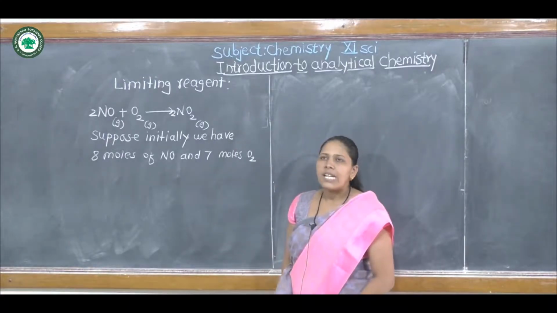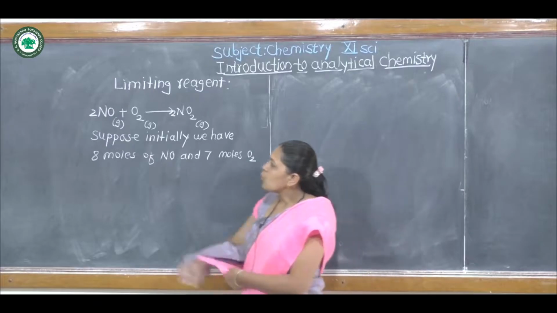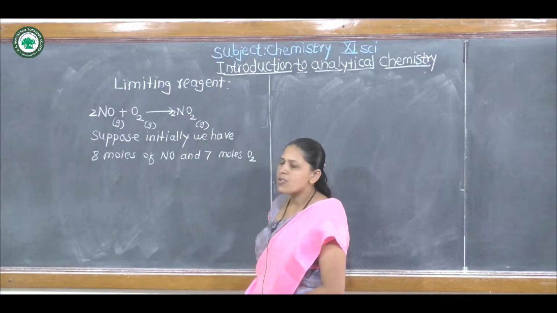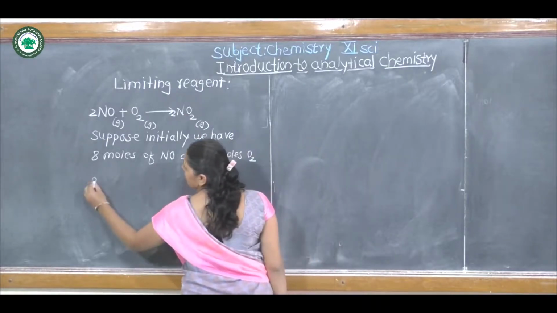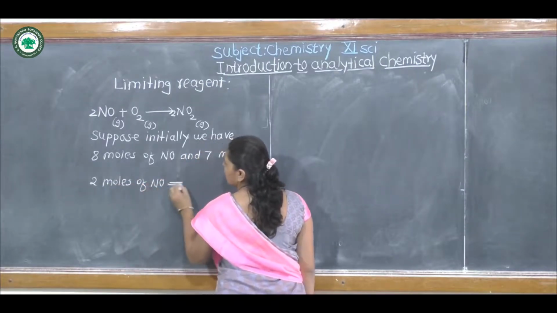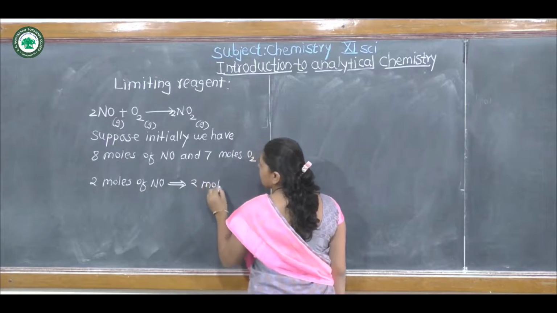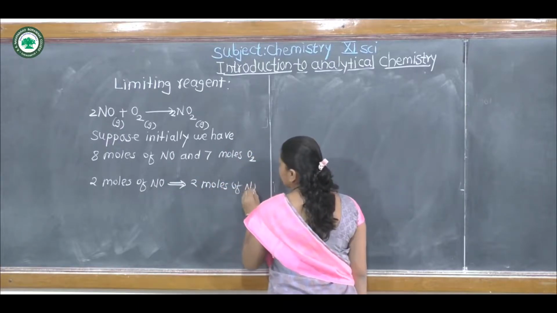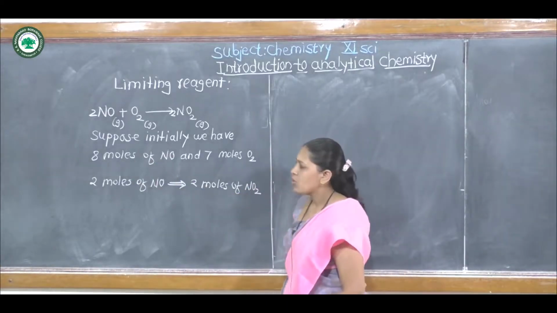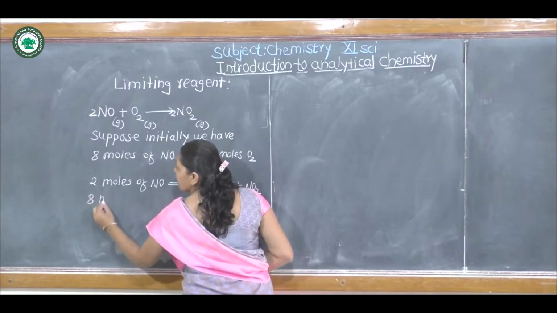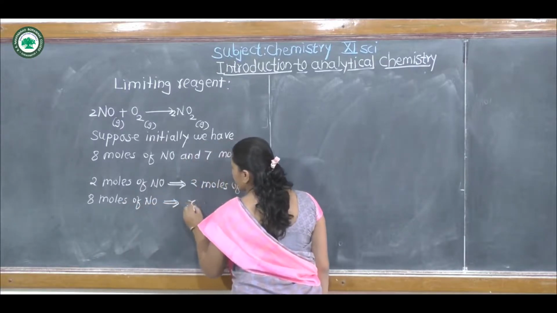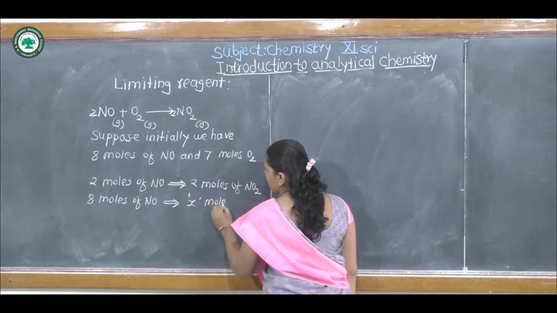This balanced equation indicates that 2 moles of nitrogen monoxide forms 2 moles of nitrogen dioxide, 2 moles of NO to form 2 moles of NO2. But initially we have taken 8 moles of NO, therefore 8 moles of nitrogen monoxide form, suppose, X moles of NO2.